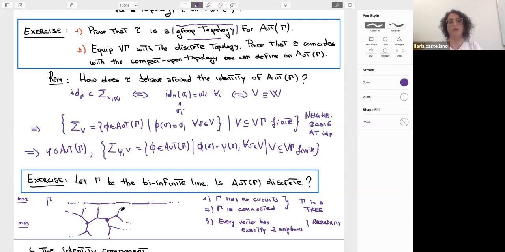And then you can compare the two cases. And then if you want, you can try to go to some general n greater than 3. So this is a good exercise with this topology and automorphism group.